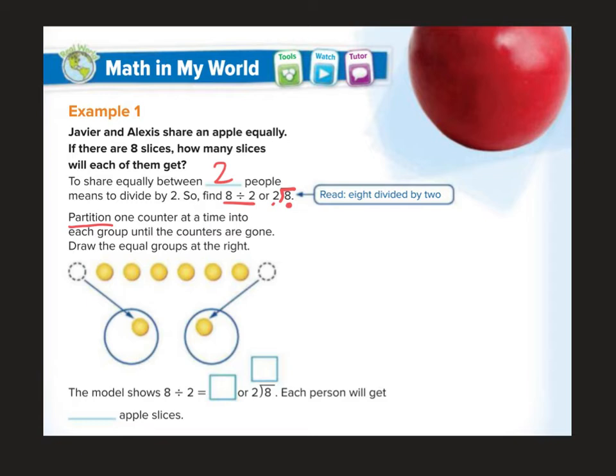Okay, so I've got 2 groups here, 1, 2. I've already put one in each group, so let's keep going. I'm going to cross them off when I'm done.